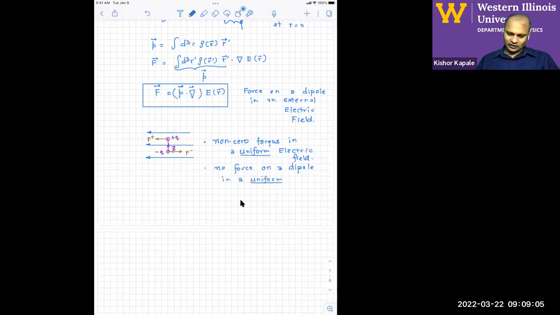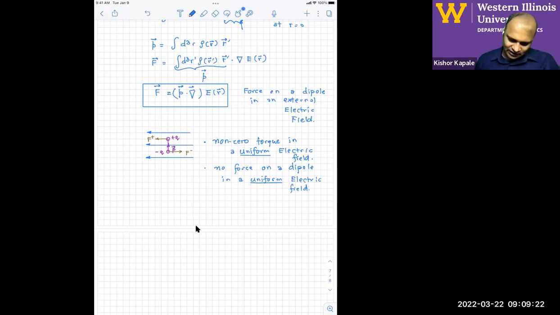Again, uniform is important. So the dipole is going to try to orient itself along the direction of the electric field, right? So we should be able to evaluate the torque, and that's what we're going to do.